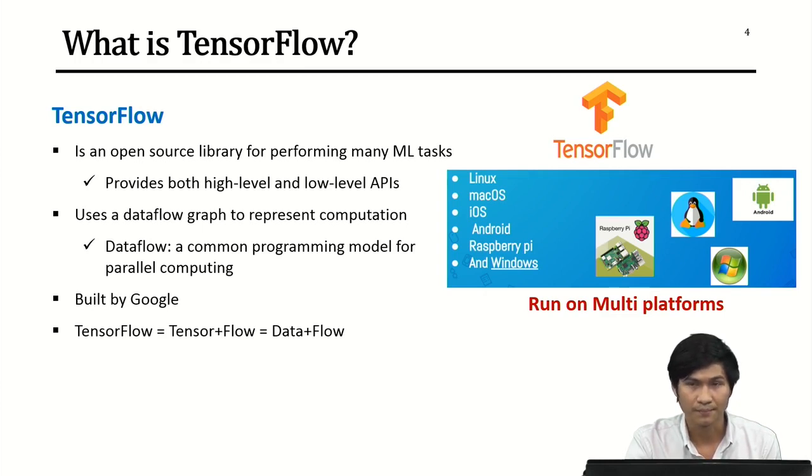more efficiently. And TensorFlow uses a data flow graph to represent computation. So in computation here, because TensorFlow involves many machine learning tasks, it requires a huge amount of computations since we need a huge amount of input data.